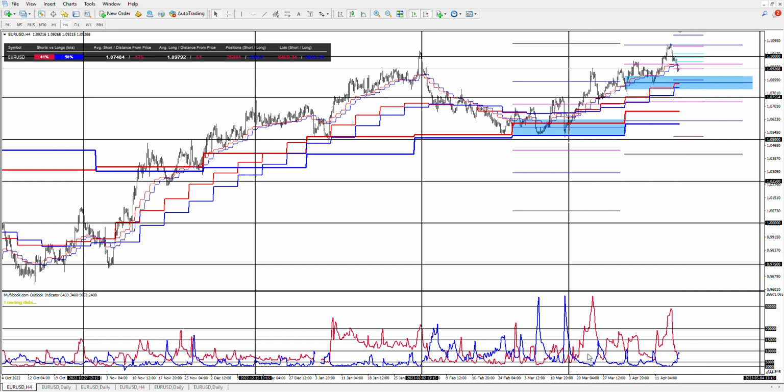I wouldn't expect any changes in this sentiment pattern until the next interest rate decision or until the next NFP news. Those can catalyze the market. So I believe the blues still will keep their home until then, until the next interest rate decision.